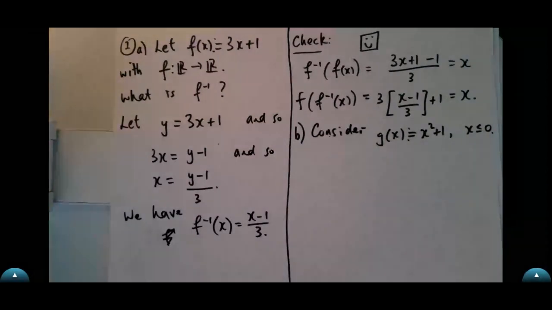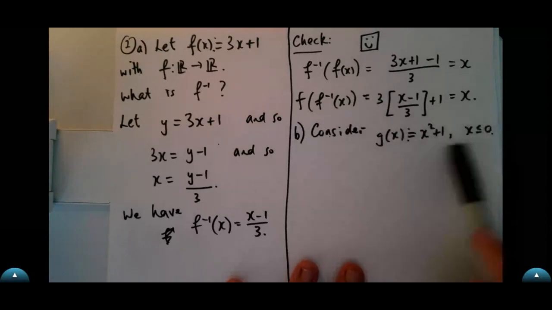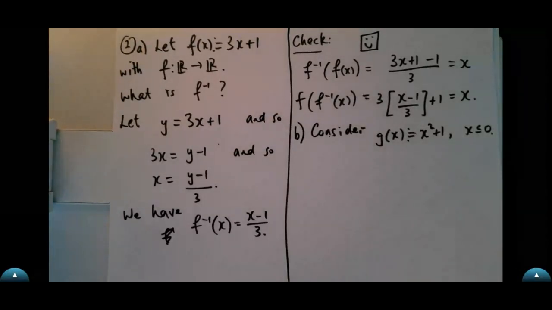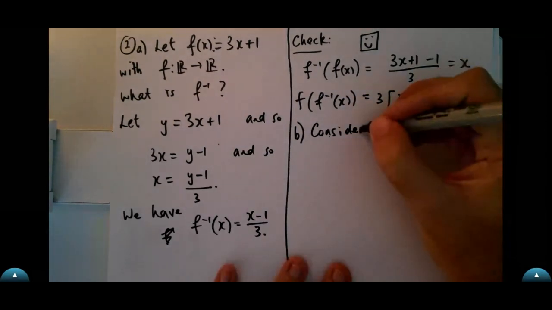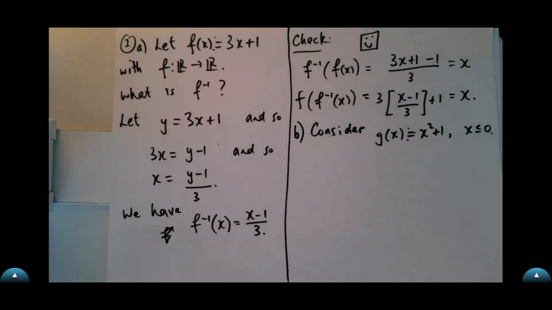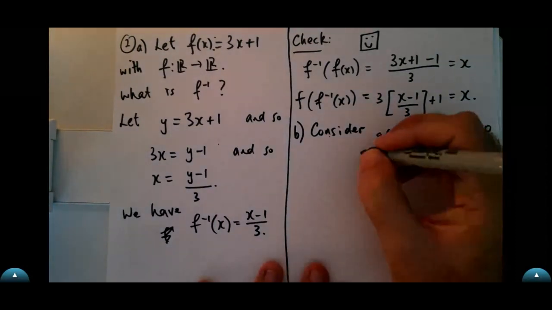All right, they want us to find the domain and the range of the inverse function. Okay, so an interesting concept here is that if this function is a one-to-one function, right? The inverse then always exists. So let's draw a little picture here, see if we can find the domain and the range of this function on this interval, and then we can work out the domain and the range for the inverse.